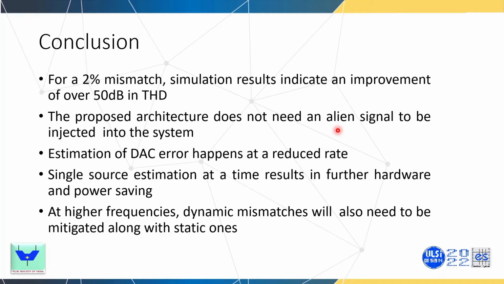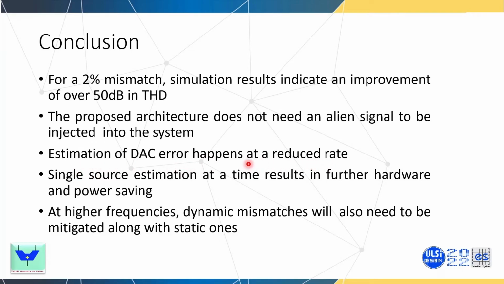So I'll conclude by saying that we have actually demonstrated a 50 dB improvement in THD for a 2% DAC mismatch, and we don't need any extra alien signal or pseudo random code to be injected into the system for estimating and correcting. It's a background process, and it happens at a reduced rate.